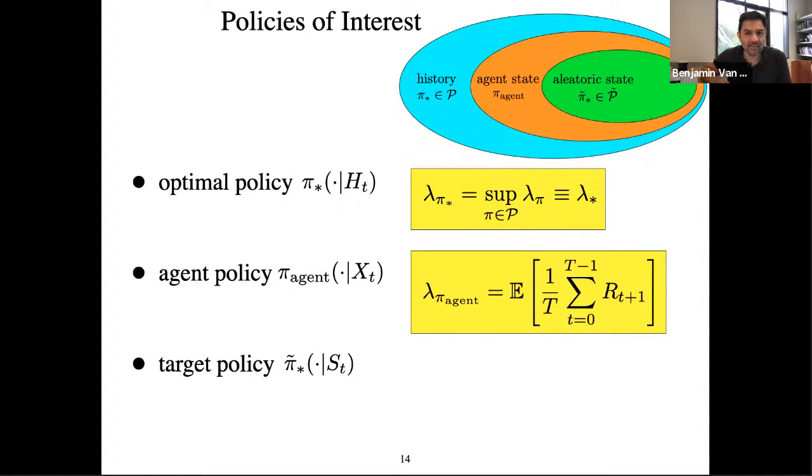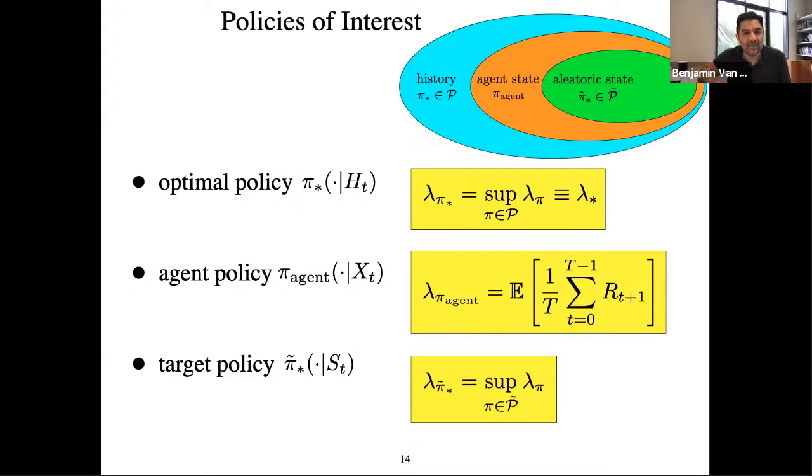Finally, another construct that we're going to use is a target policy. A target policy is a policy that selects actions based only on aleatoric state. Okay, and there's an optimal policy of that kind, and we'll call that the target policy.